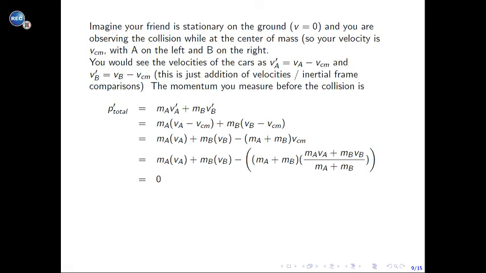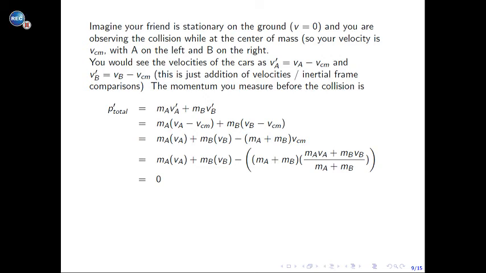So if we do this sort of change, going from the piece of paper coordinate system to the center of mass coordinate system, or from the laboratory to the center of mass system, what we find is that the total momentum is zero.